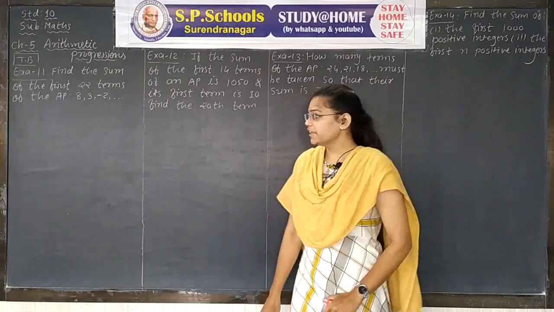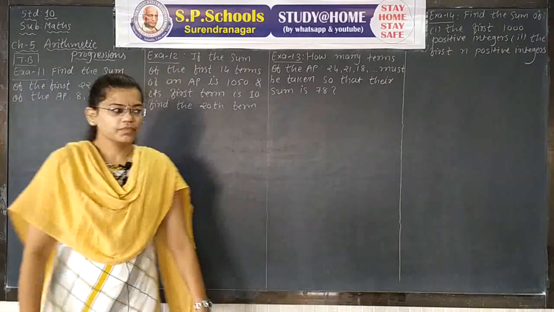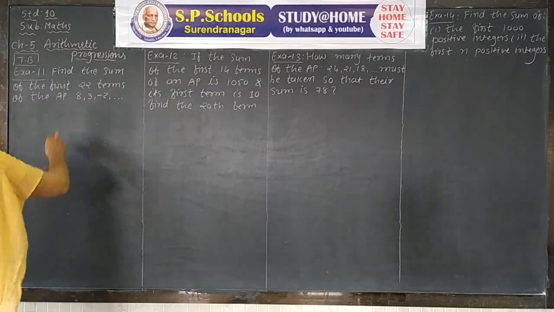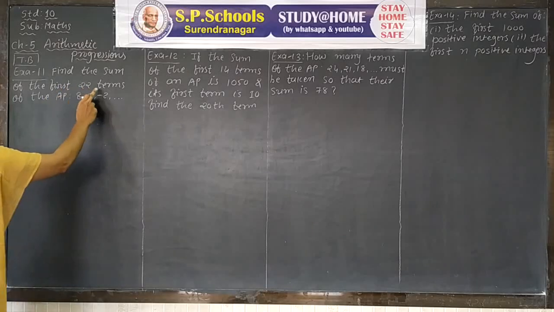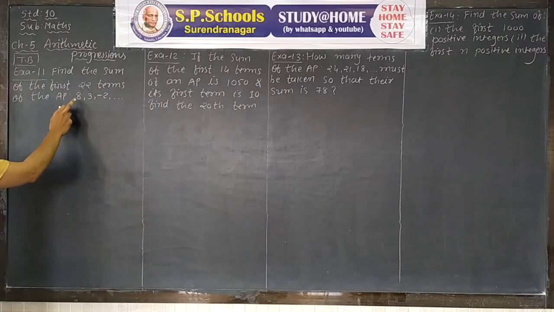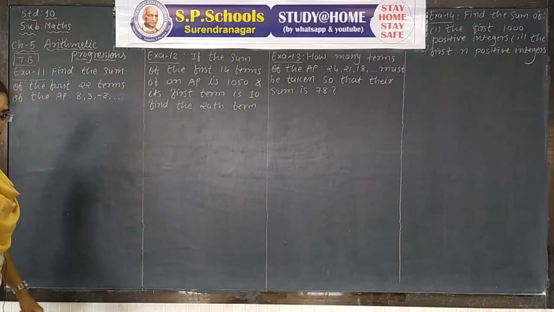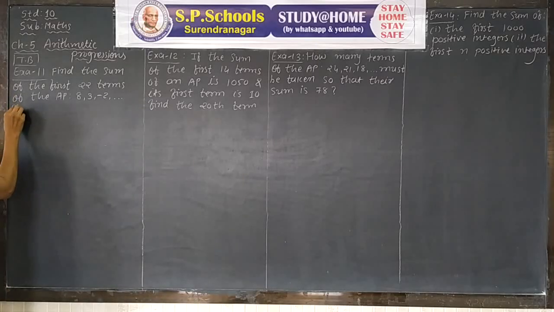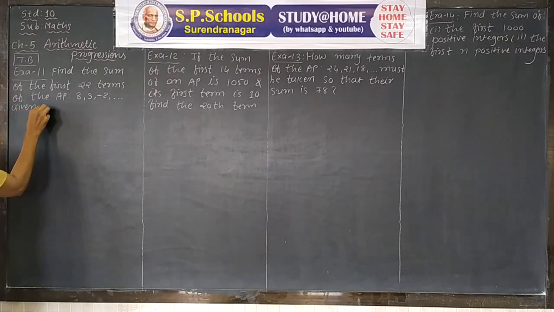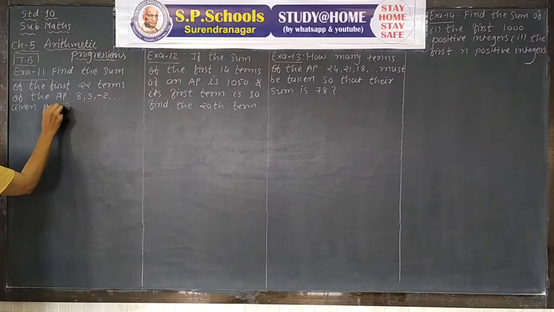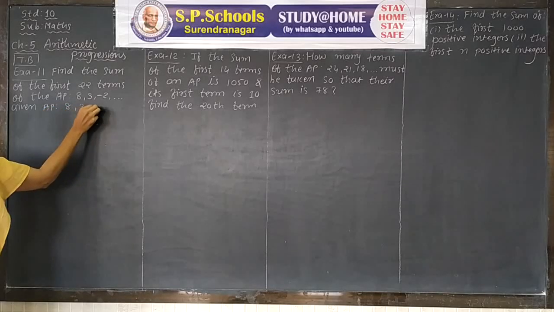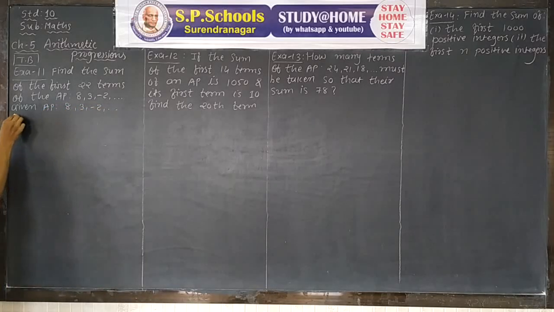Let's see some textual examples. Example number 11. Find the sum of the first 22 terms of the AP 8, 3, minus 2. First of all, we are given the AP 8, 3, minus 2 up to infinite.